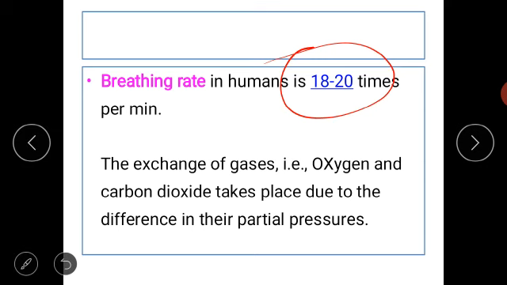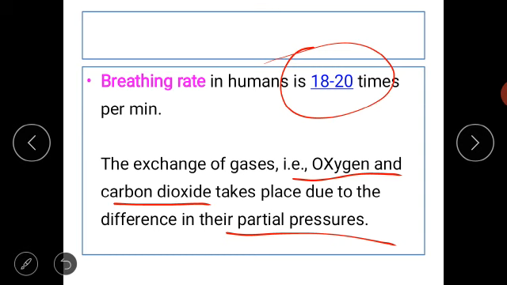The exchange of gases like oxygen and carbon dioxide takes place due to the difference in their partial pressure. So what is partial pressure?